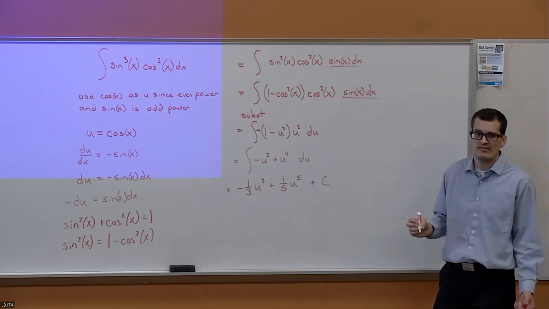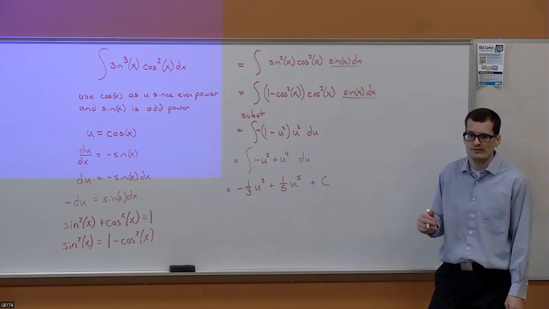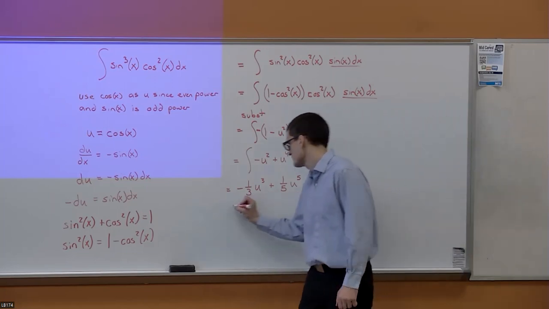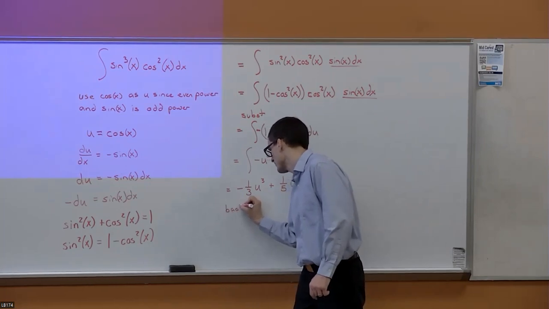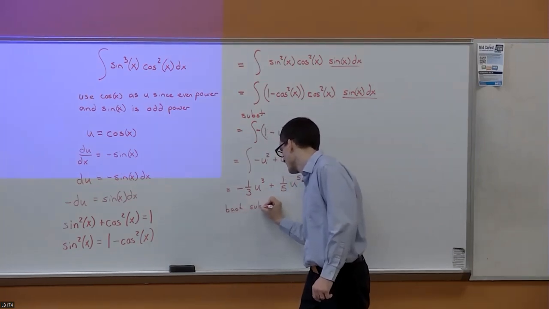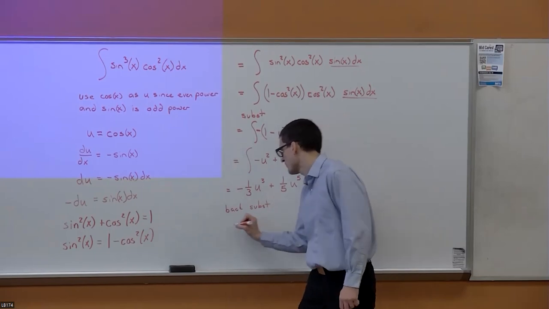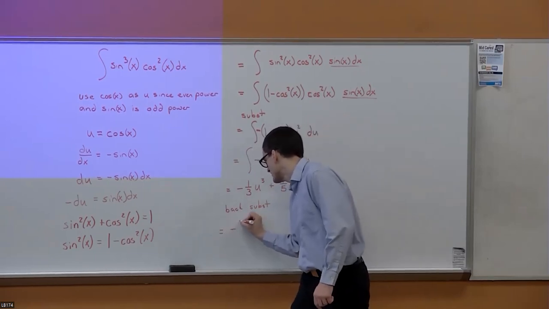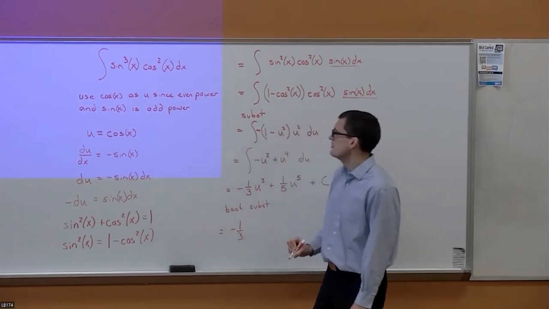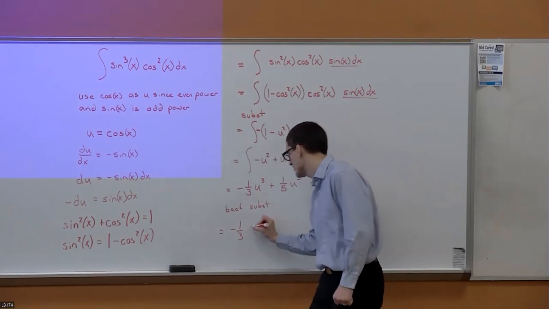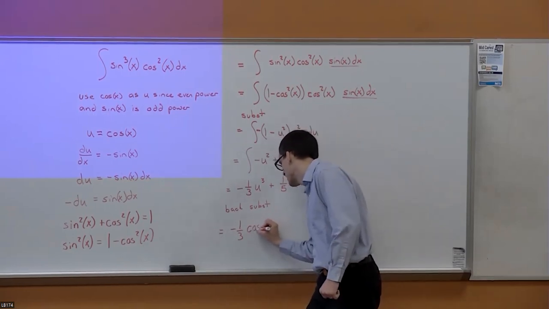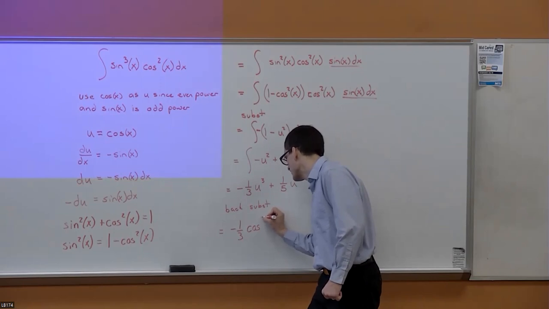And then the last step is our back substitution. Negative 1/3, u was cosine, so that's cosine of x to the 3rd.